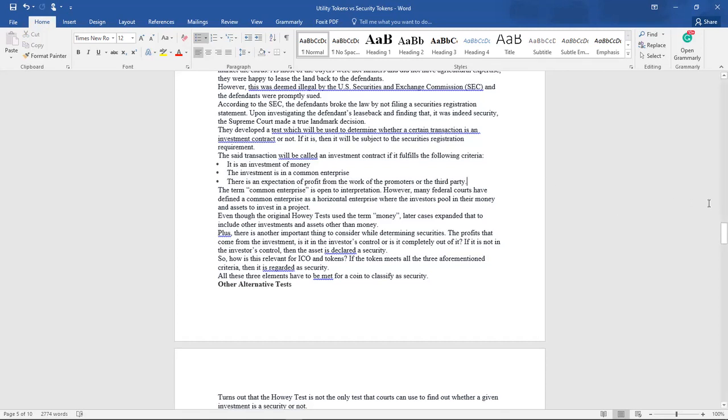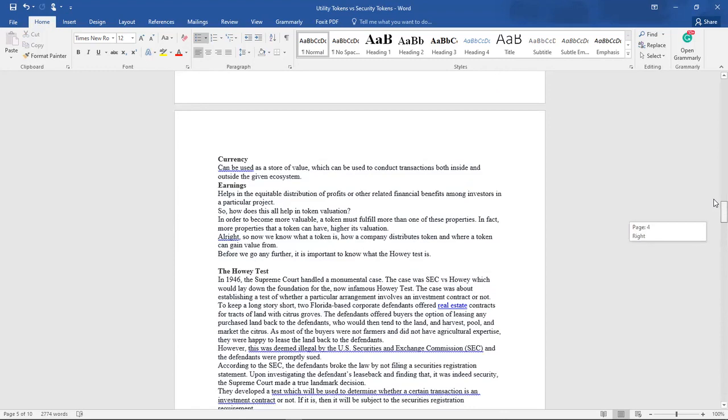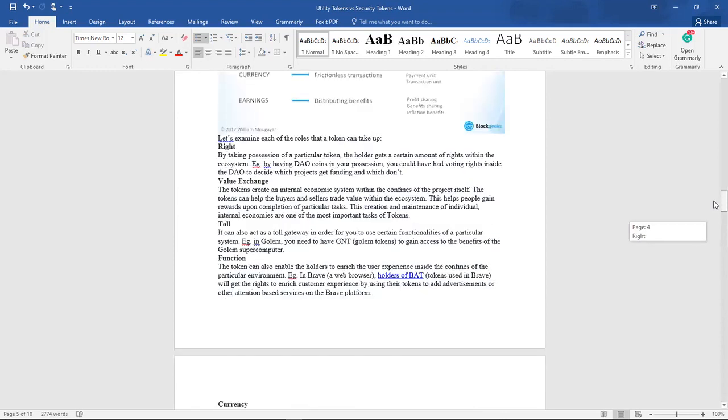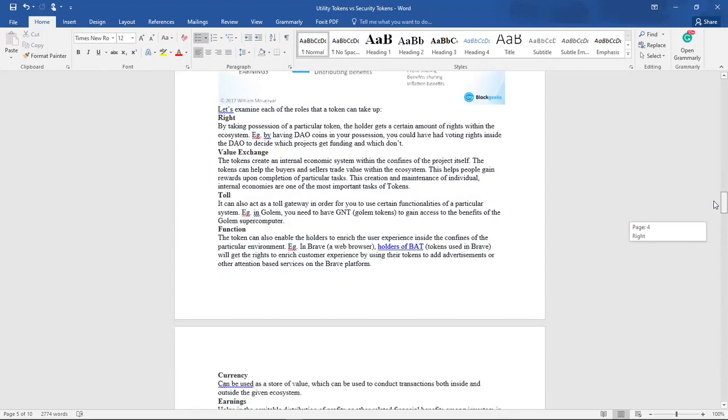And for utility tokens, the elements of a utility token are mentioned above: the right, the value, the exchange, toll functions, and currency and earning. You can also think of these as properties of a utility token.